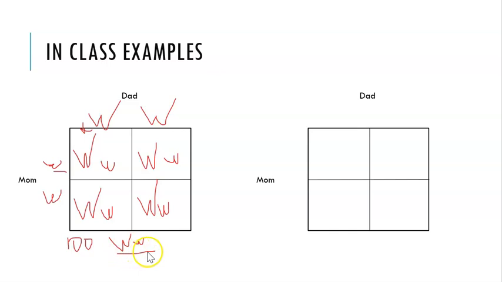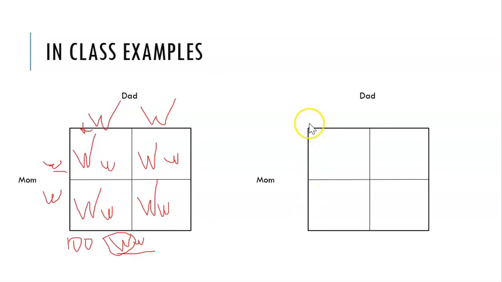Now, what is the phenotype going to be? This is the genotype, so what's the phenotype? The phenotype will be that they will have a widow's peak. Why? Because there's a big W, and that's a dominant gene, so that's the gene that's going to be expressed.